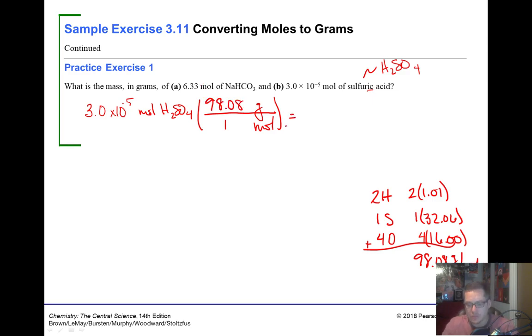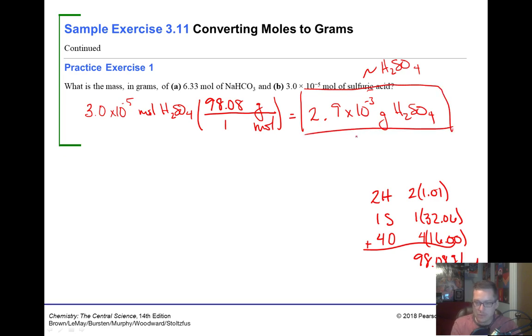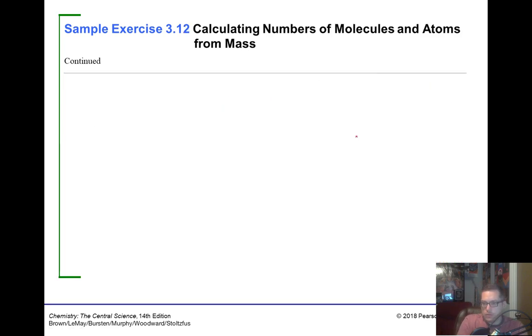We get 3 times 10 to the minus 5th times 98.08, which is 0.00294. Two sig figs in scientific notation because we're cool kids. So 2.9 times 10 to the minus 3rd grams of H2SO4. Not very much, but that's the answer. You can do those for practice.